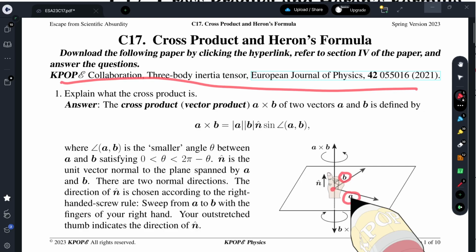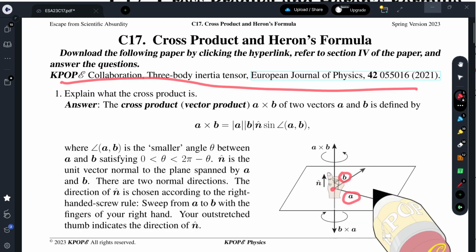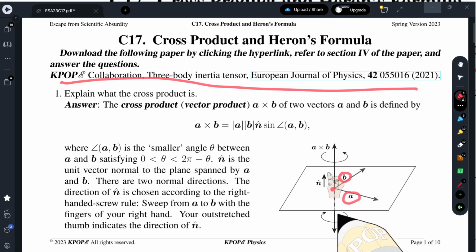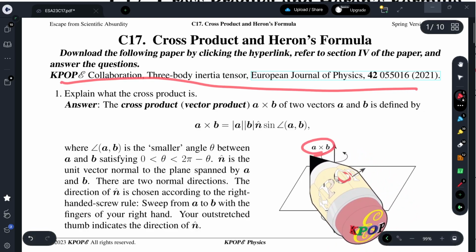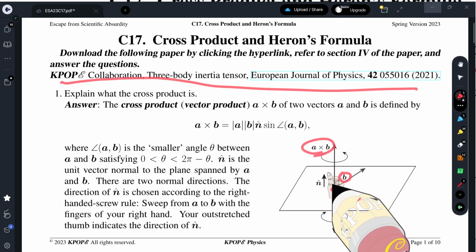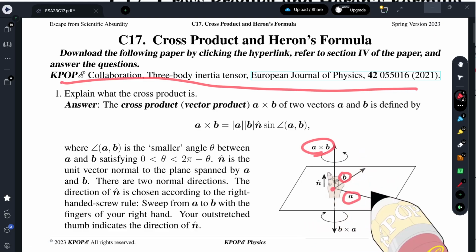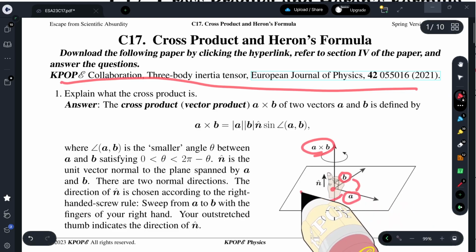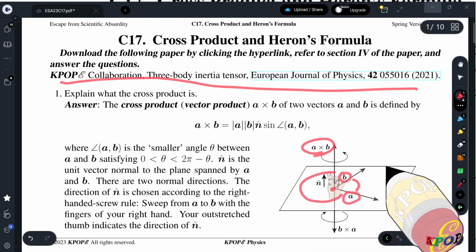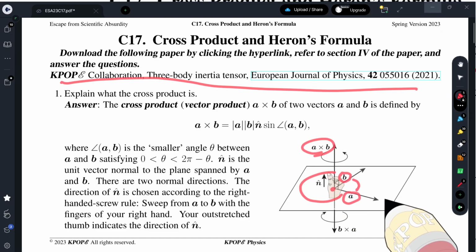The cross product is normal to that plane spanned by the two vectors, and there are two directions. We choose the direction of A cross B that is normal to this plane, but we can see there are two angles made of these two vectors.